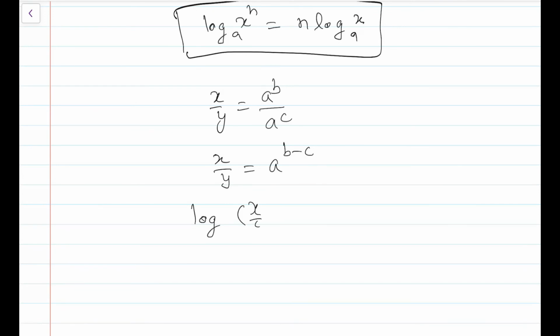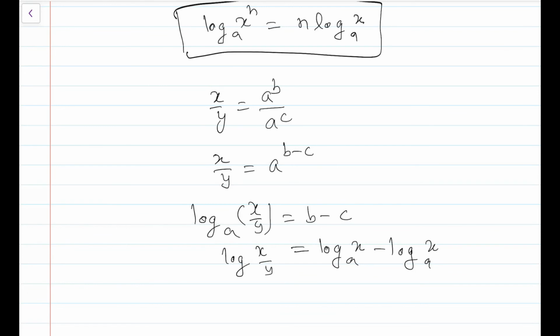Applying the definition of the log, log of x divided by y to the base a is equal to b minus c. B is log of x to the base a and c is log of y to the base a. So log of x divided by y to the base a. So one more interesting property.